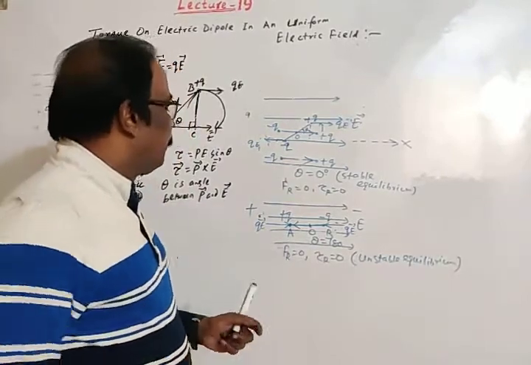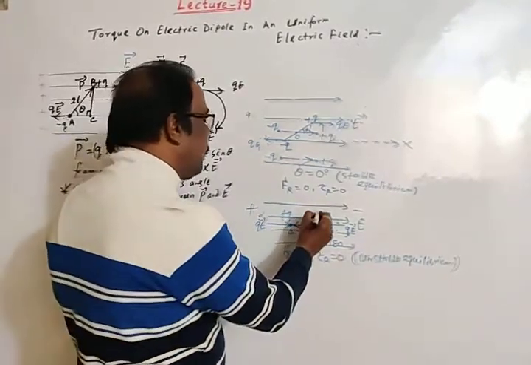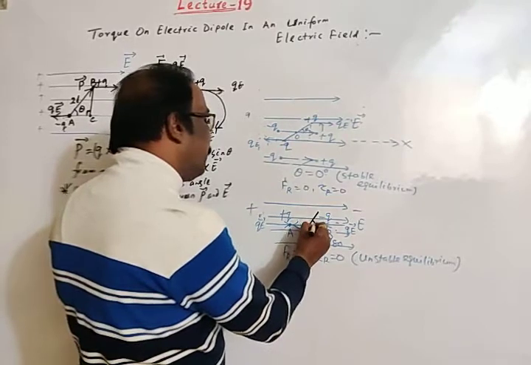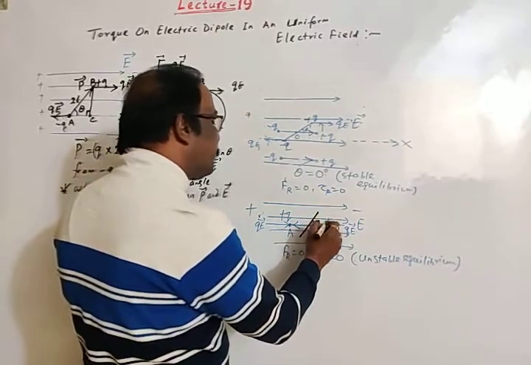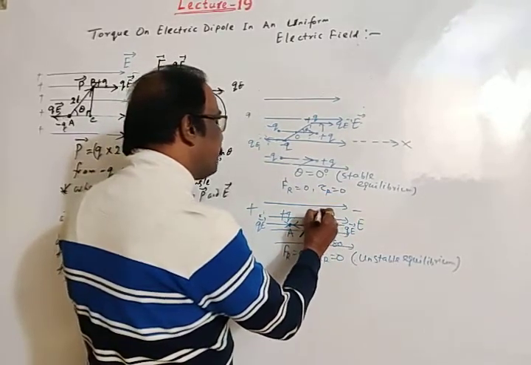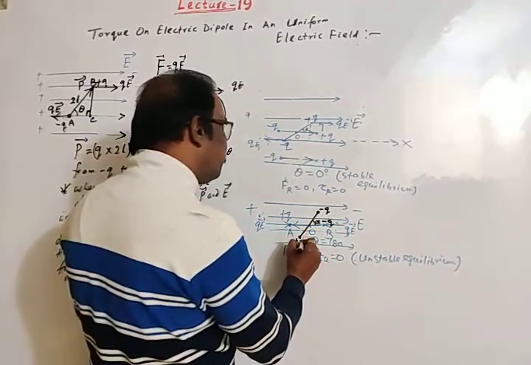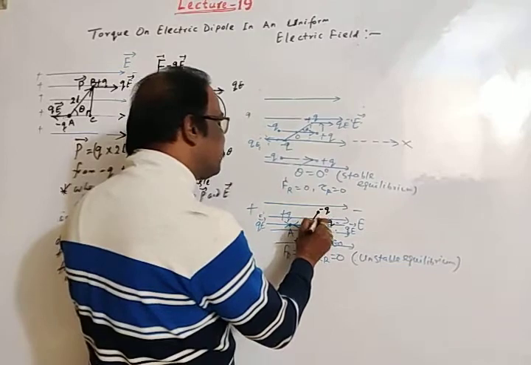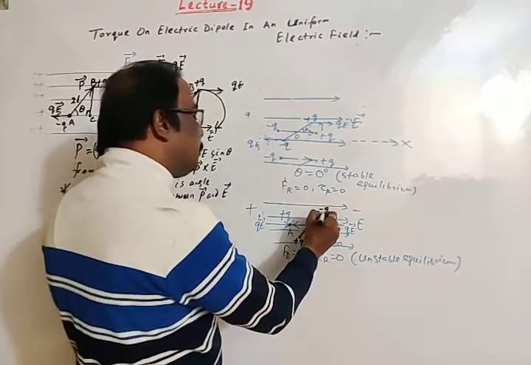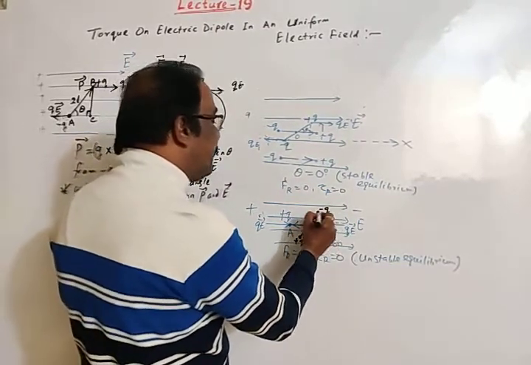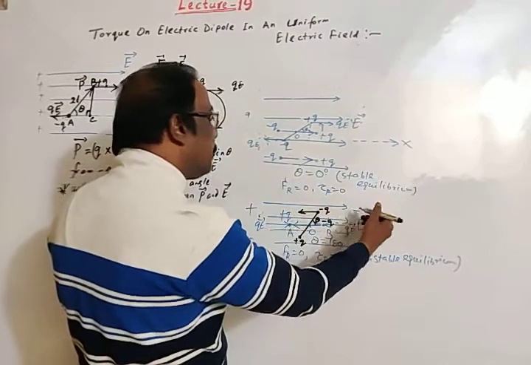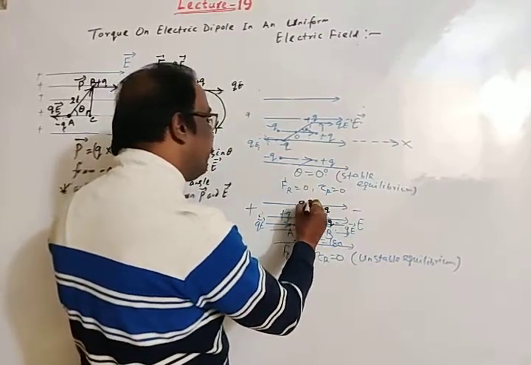Suppose now this dipole is tilted a little through a small angle. So this minus q comes to this position, this plus q comes to this position, through a small angle theta. This minus q will experience a force along this direction, qE.